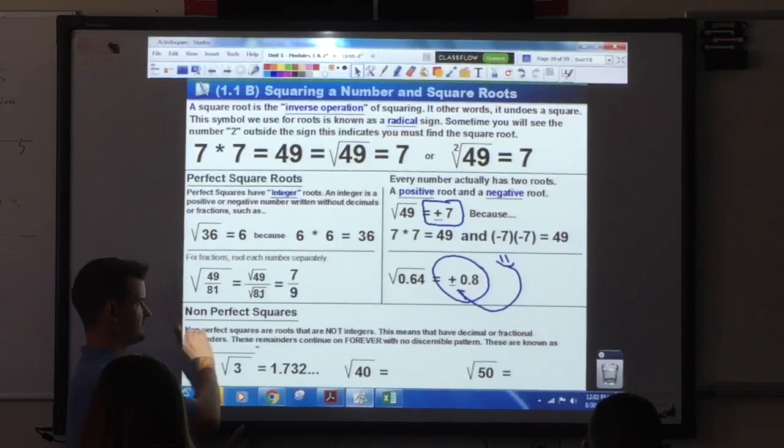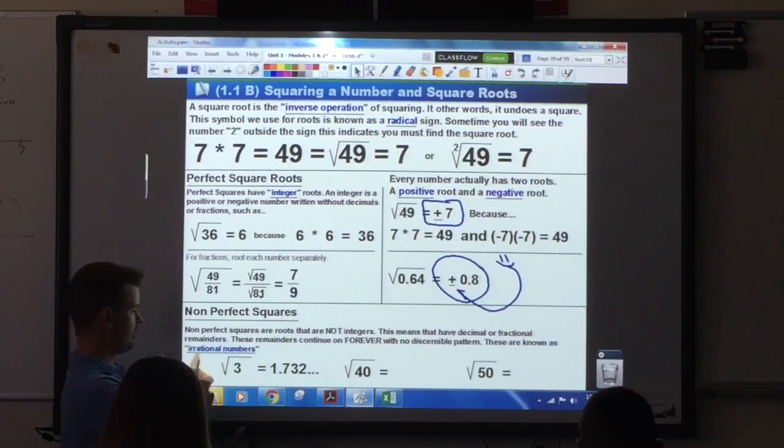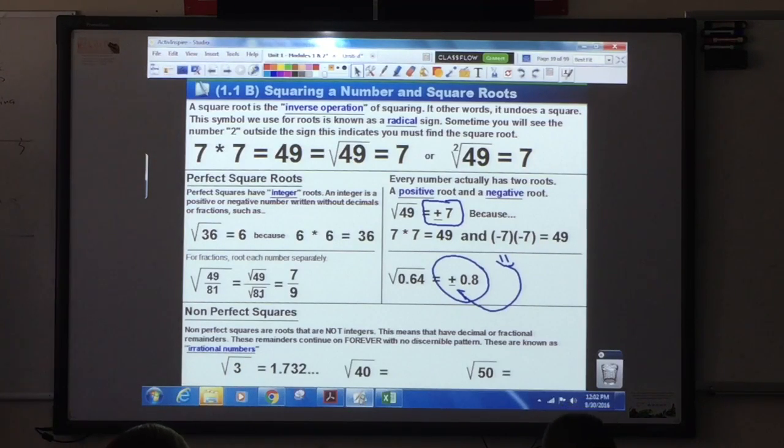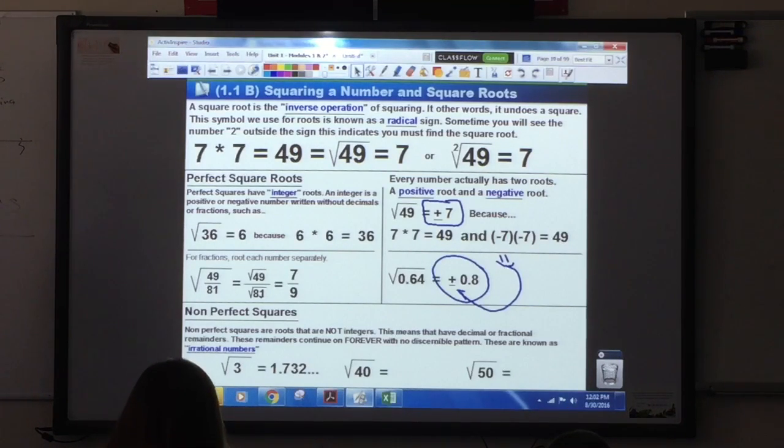So these are known as non-perfect squares. They are irrational numbers. Everyone should be writing this in: irrational numbers. If it's not a perfect square, then it's a non-perfect square. And every single non-perfect square, every single one, is irrational.